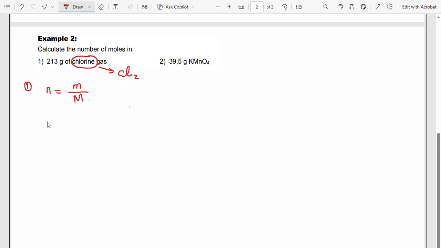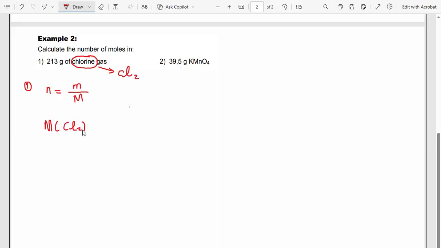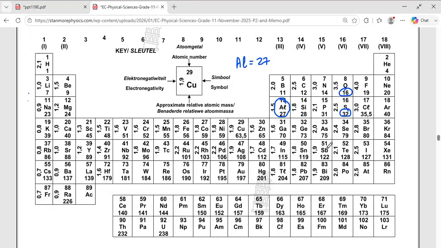First things first, we must find the molar mass of that chlorine, so the molar mass of Cl2. You go to your periodic table and find chlorine, which is this one here.